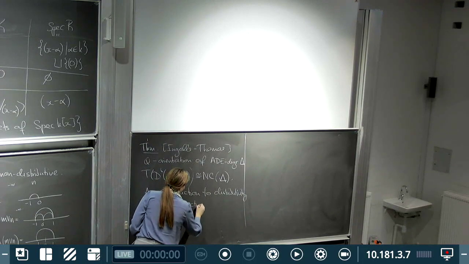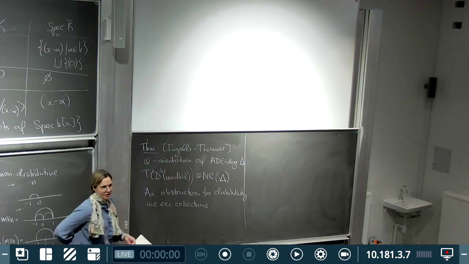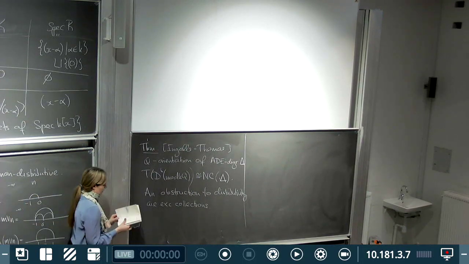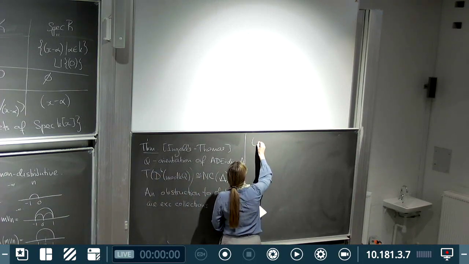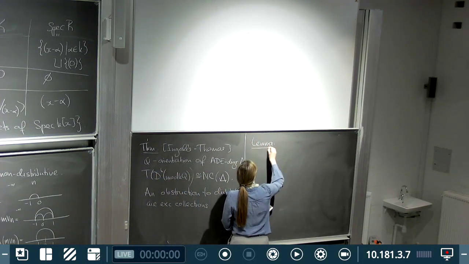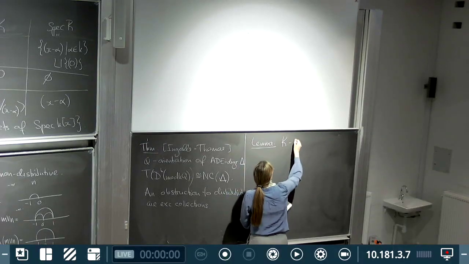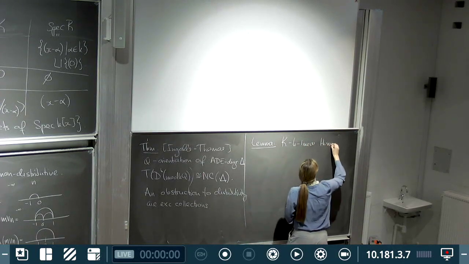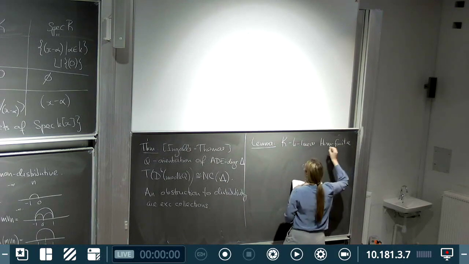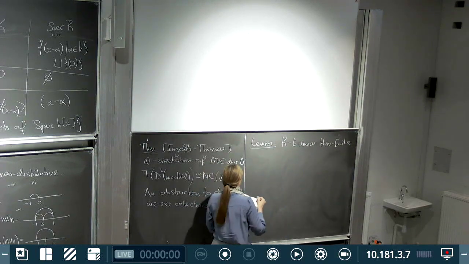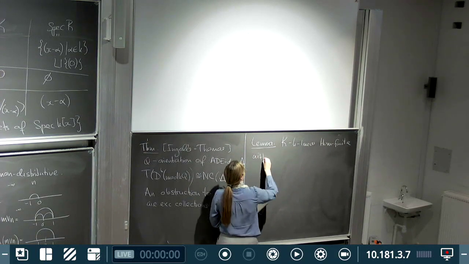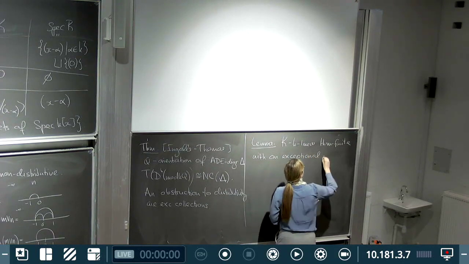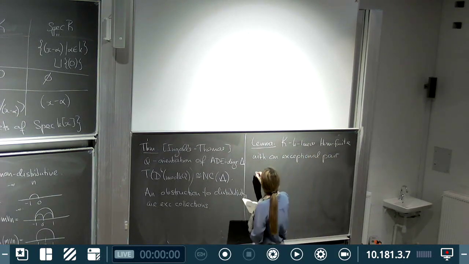And you're going to quite easily find those in finite dimensional algebras. So what is the statement here? The statement is that if you have a k-linear finitely generated category, then it has an exceptional pair E1, E2.